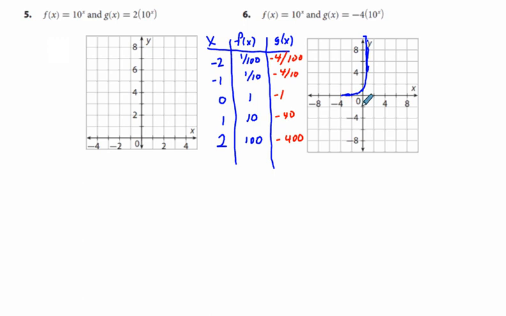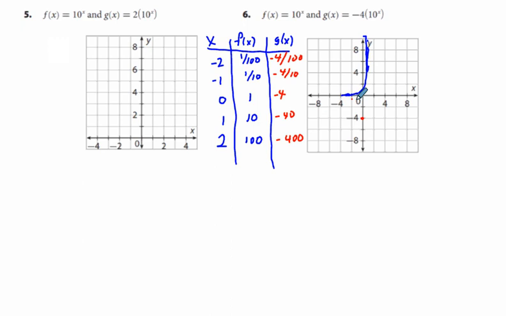So this is what it's going to look like. Wait a second. That is a negative 4. Okay. So we have 0, negative 4. We have negative 1, negative 4/10.